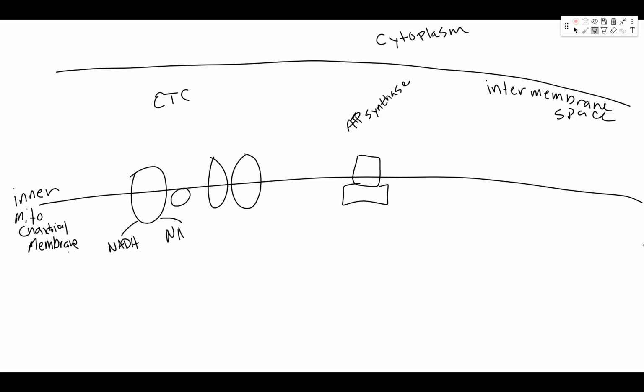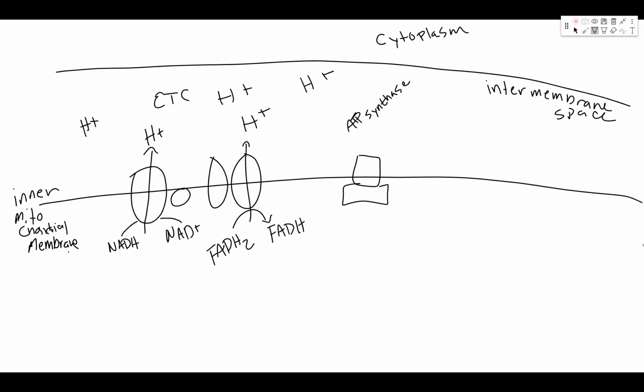We're going to get NAD plus out of it, and we're going to pump that hydrogen out. Same with our FADH2. We're going to oxidize it to FAD, and we're going to pump those hydrogen ions out.